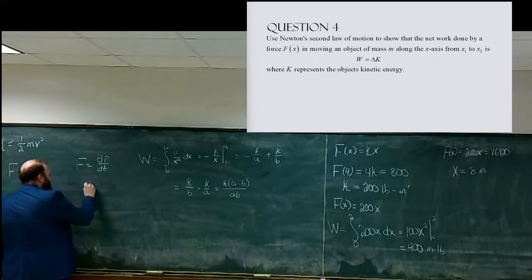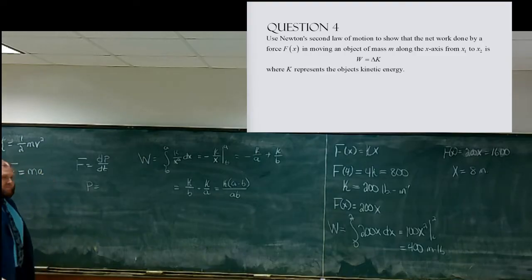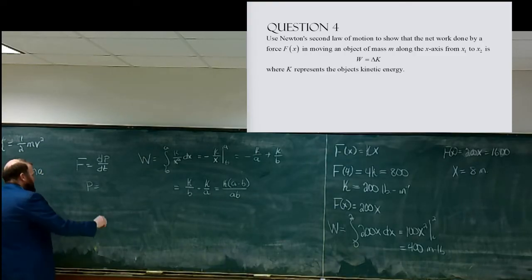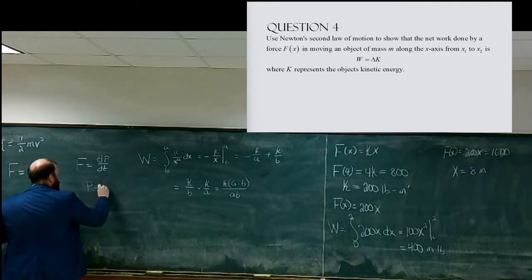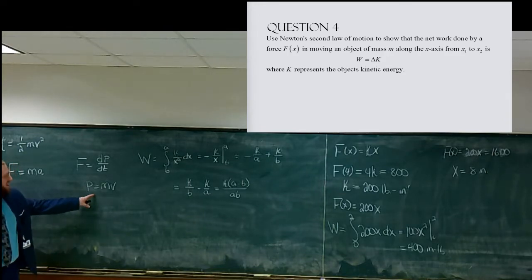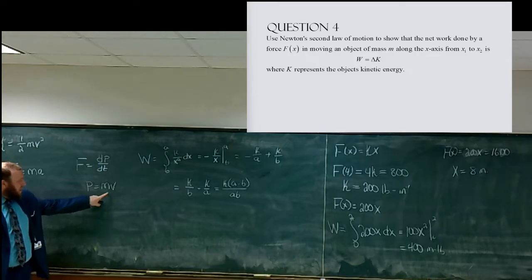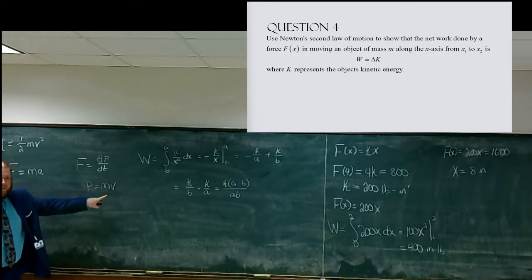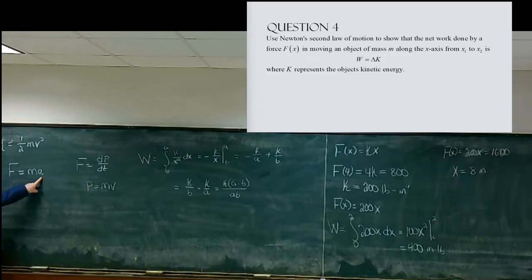So momentum is defined as mv, mass times velocity. What happens if you differentiate this with respect to time? Well, you would think, oh, it's just mass times change in velocity, which is acceleration.